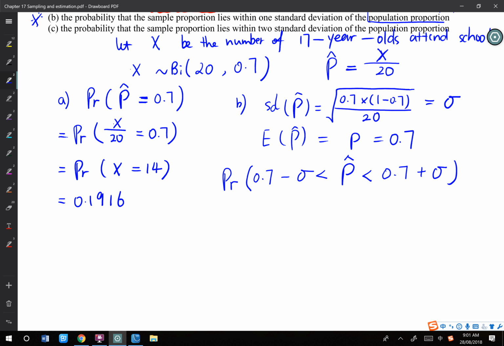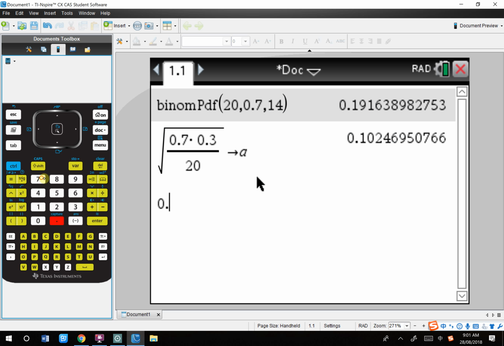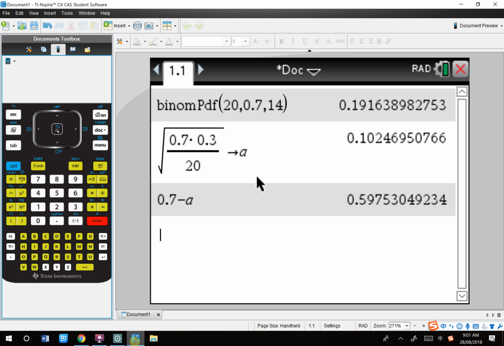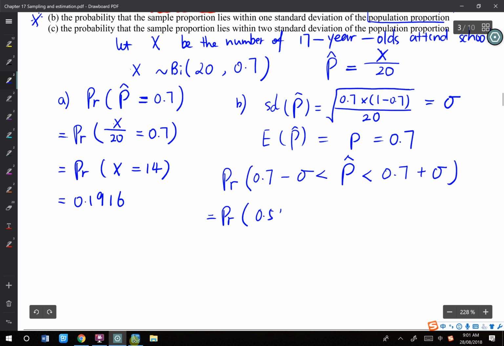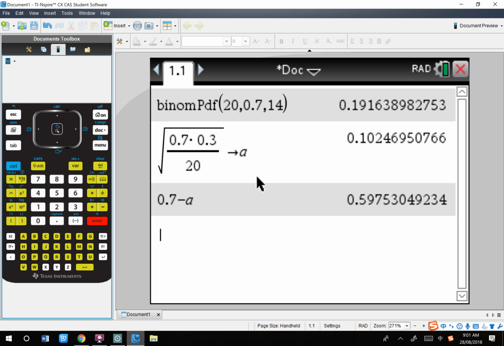So what you have is the probability that, I will use 0.7 minus a, we get 0.59753, is smaller than p hat, smaller than 0.7 plus a, that is 0.80247.